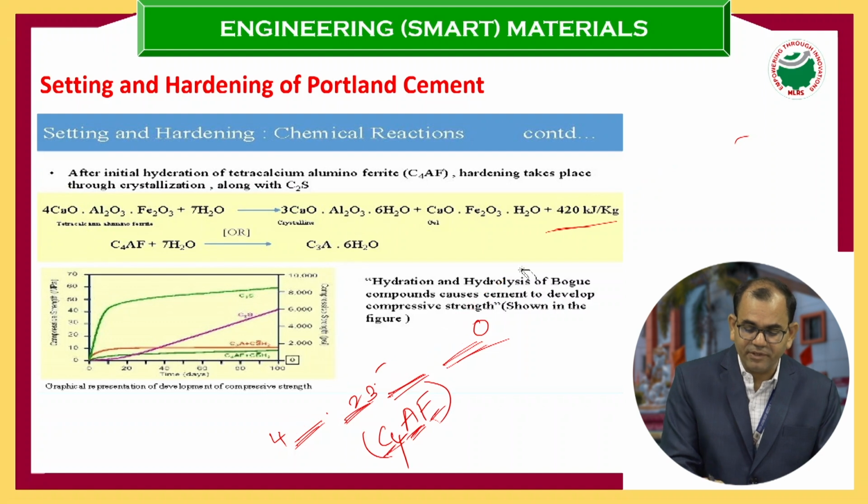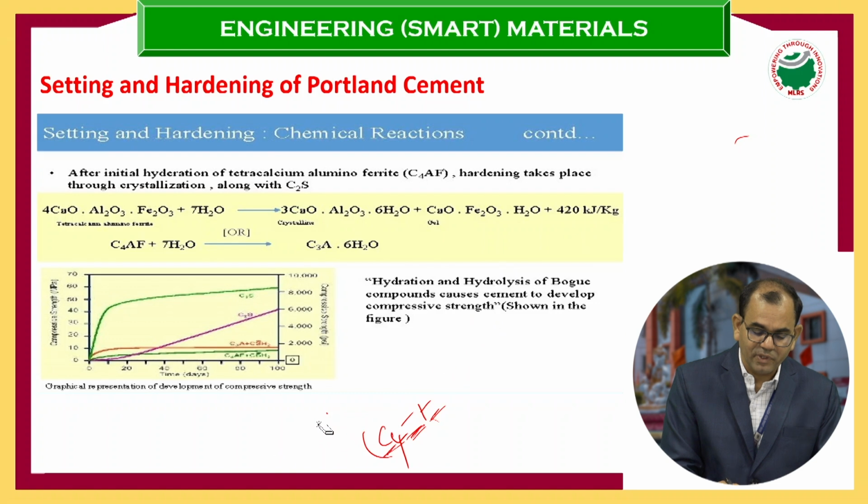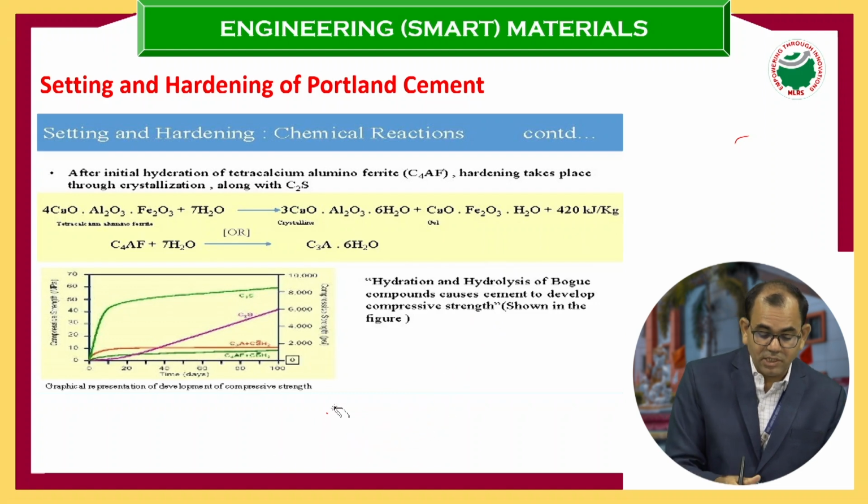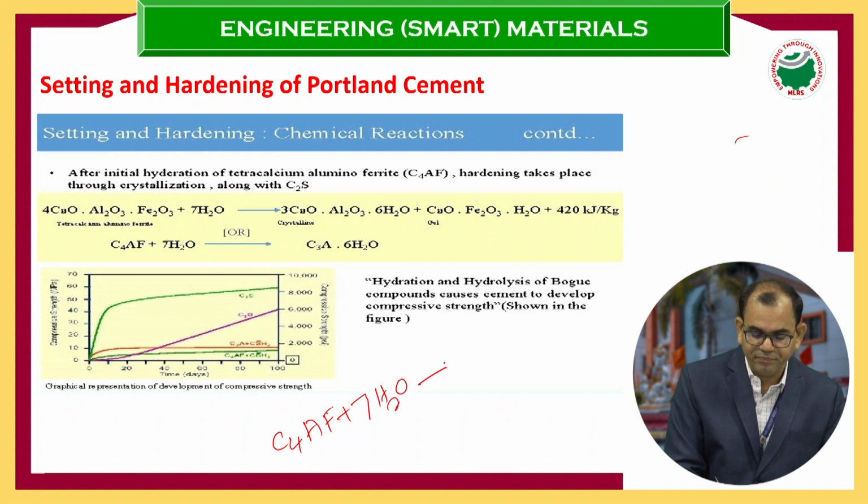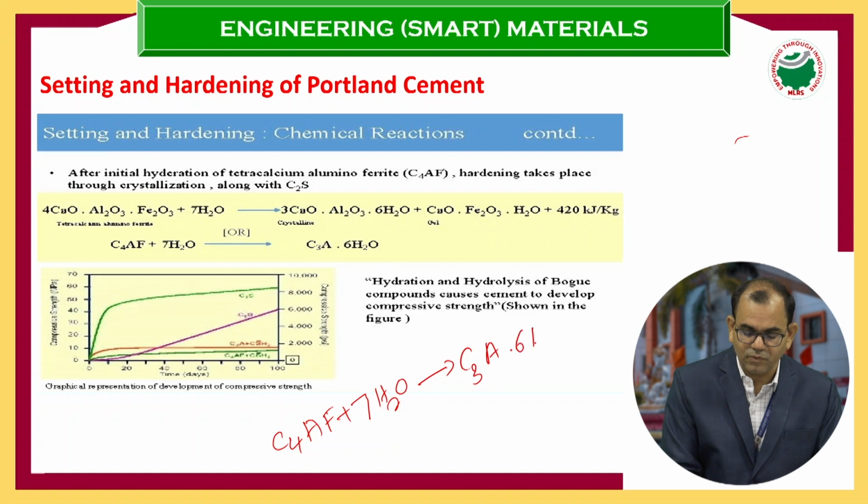If someone is having difficulty remembering this, a little complicated formula, they can write this reaction: C4AF plus 7H2O gives rise to C3A, tricalcium aluminate, and 6H2O.